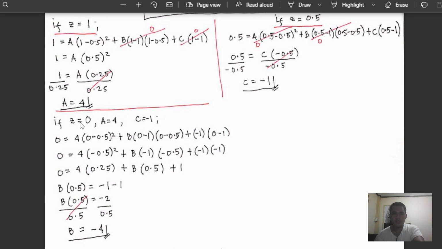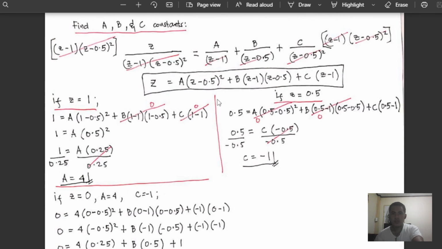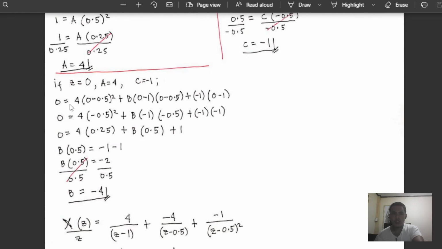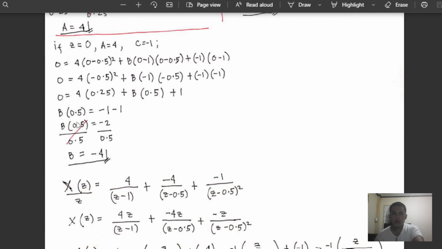If z equals 0, a equals 4 and c equals negative 1, so we substitute all of these into this equation. We do the solving here until we get b equals negative 4.